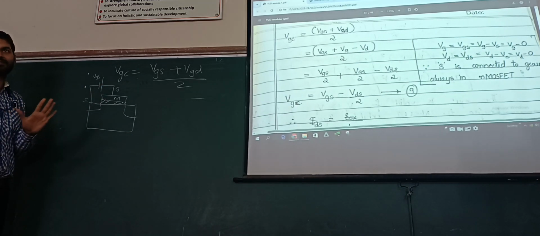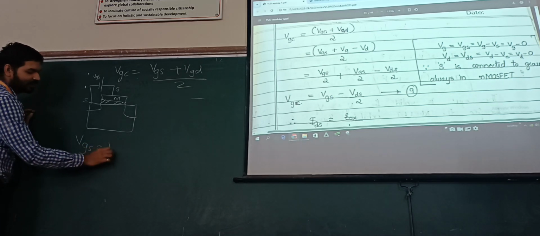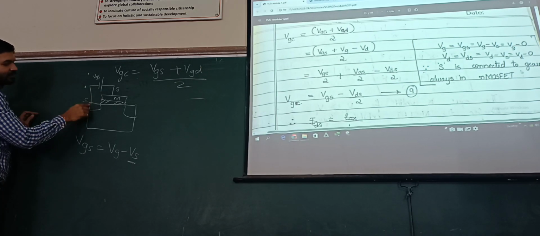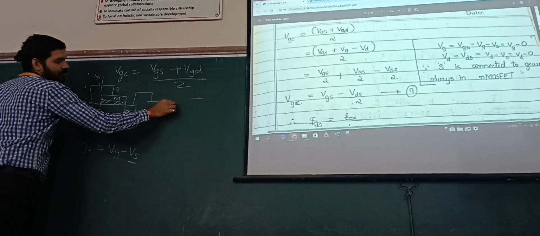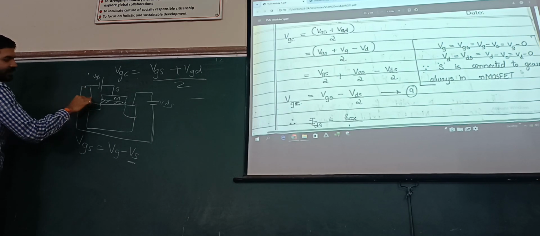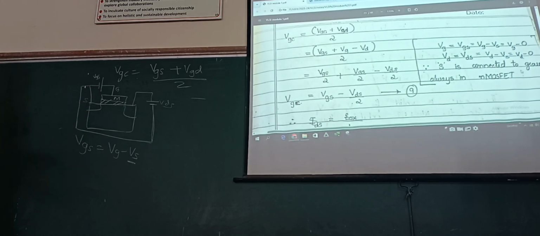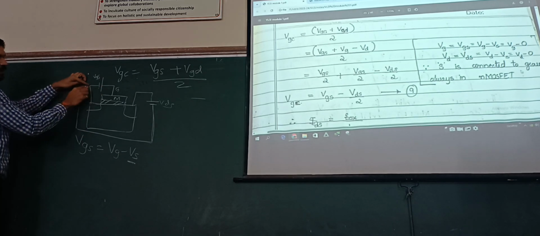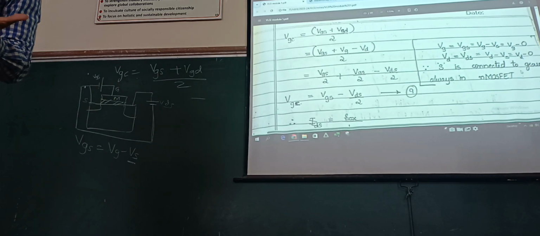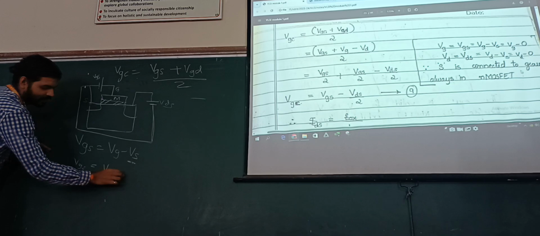VG means VGS. Because if I ask you what VGS is, you will tell VG minus VS. What is VS? Source voltage. Here we give VDS, and the negative goes to the source. VGS is actually with respect to the common terminal. Like on a breadboard where all negatives are connected, the ground point has what voltage? 0. So VGS means VG minus VS, so VGS is equal to VG minus 0.